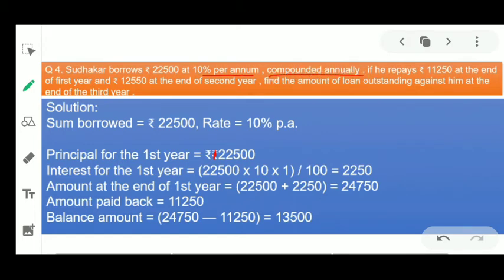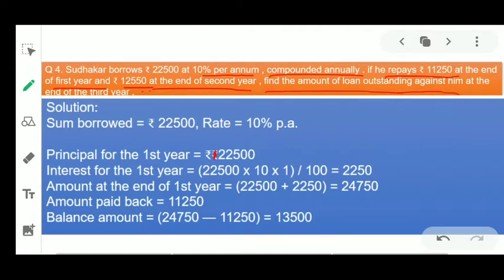If he repays 11,250 at the end of the first year, and 12,550 at the end of the second year. Now the question is, find the amount of loan outstanding against him at the end of the third year.